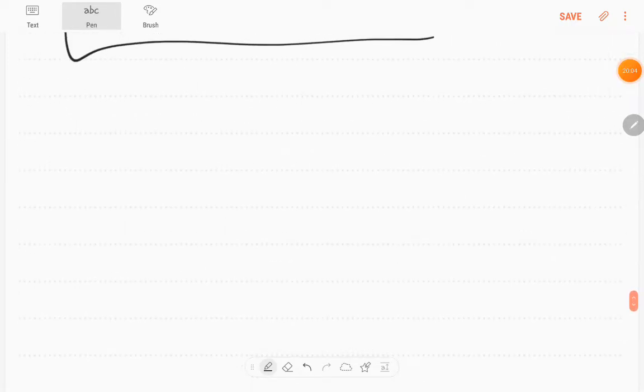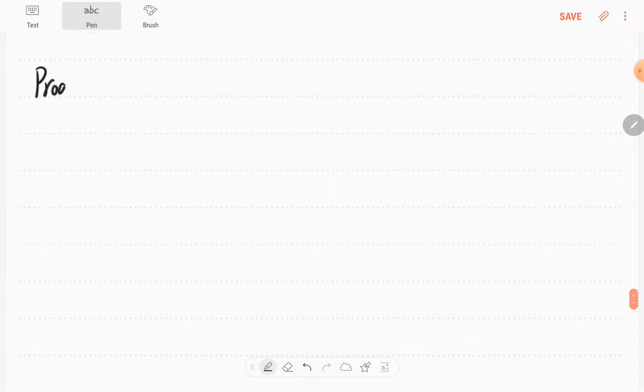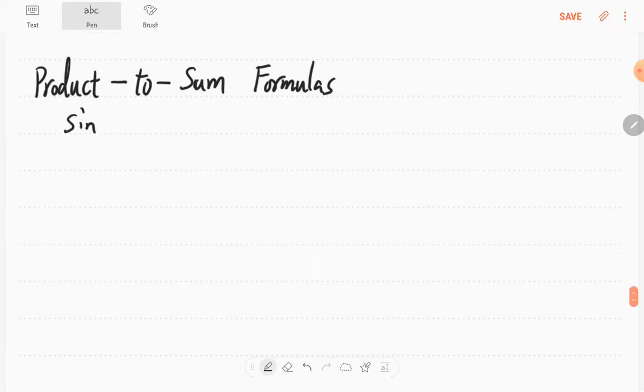So now let's look at more formulas. The one we will talk about here is the product to sum formulas. So that tells you that sine alpha times sine beta. This is a product, right?